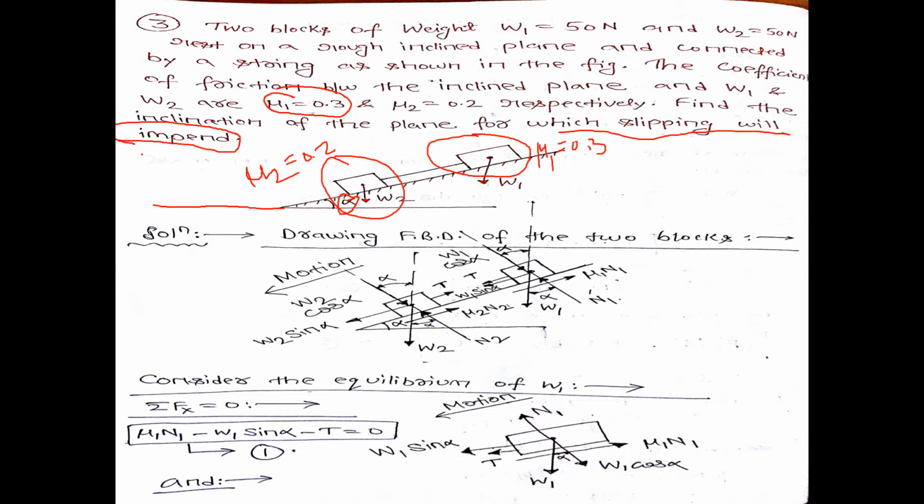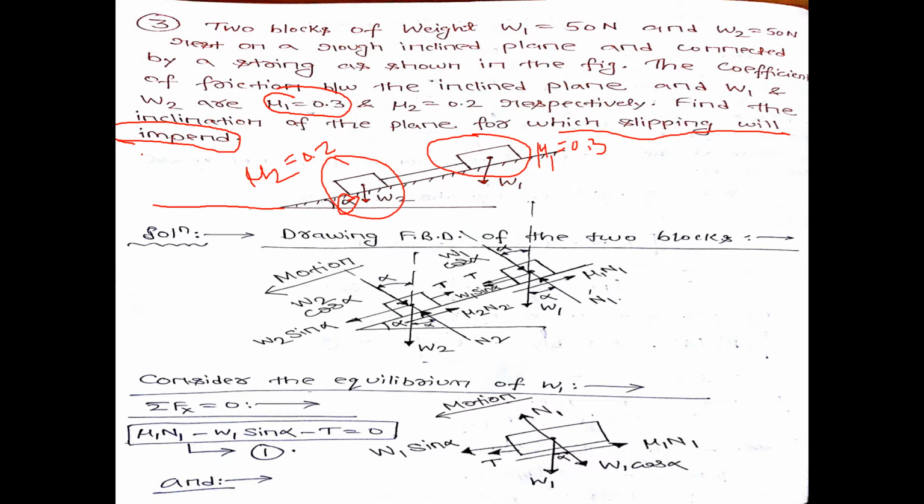The angle of repose is that particular angle of an inclined plane at which, if you keep any body on it and apply alpha equal to 45 degree, the motion of the block will start. That means the block will start to slide down the inclined plane, so that 45 degree angle is nothing but the angle of repose.